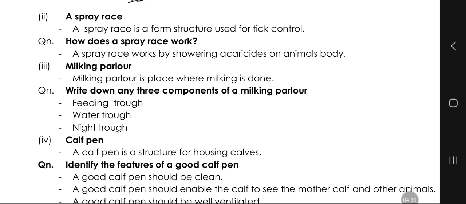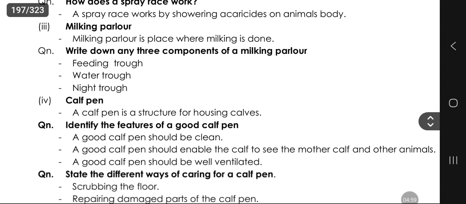Because we said that when you are milking, you have to give the cow feed so that you keep it calm. Hope you are still remembering it.